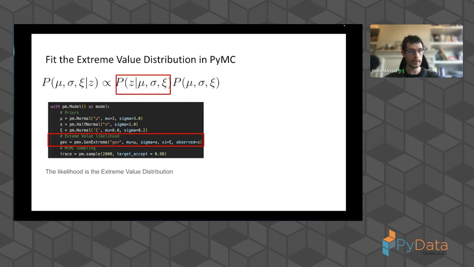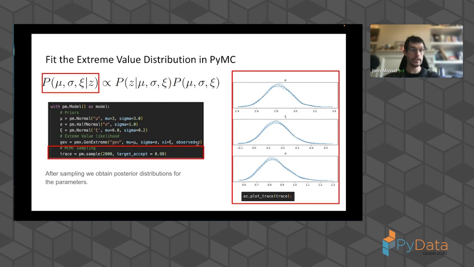Once you set up the model, you need to sample from it. That's this line, and in this case it takes maybe a few minutes to get sufficient samples. Then what we're after is the posterior distribution for these parameters. This is a 3-dimensional distribution, so it's somewhat hard to visualize, but I plotted the distribution for each parameter by averaging out the other two.